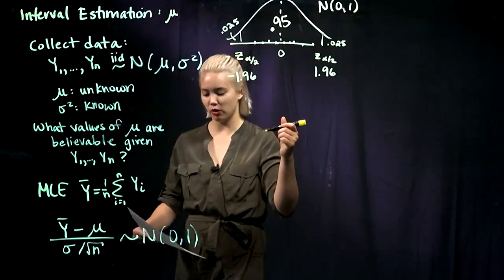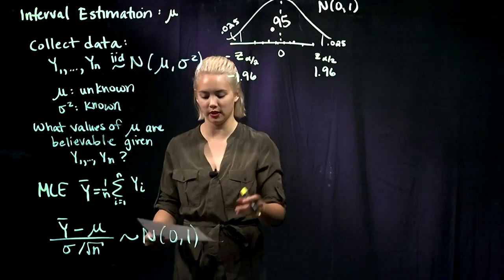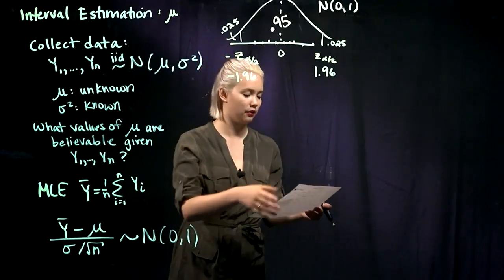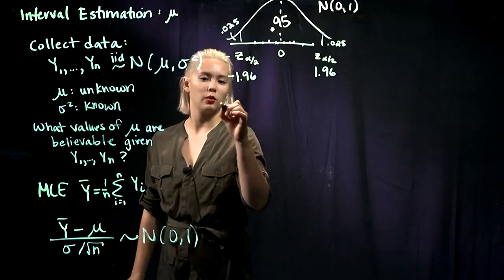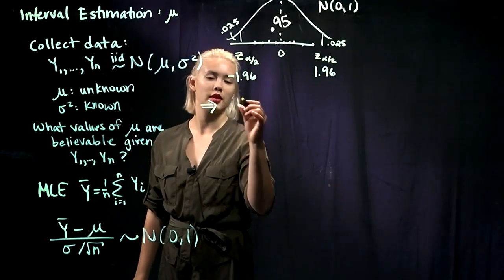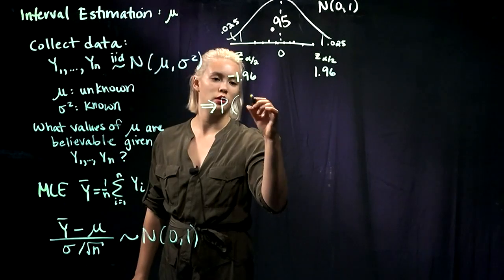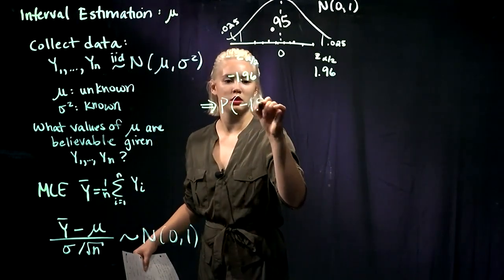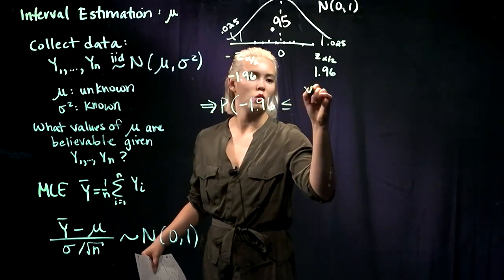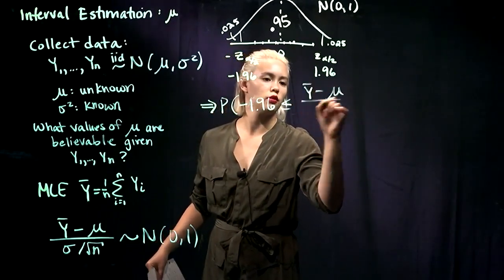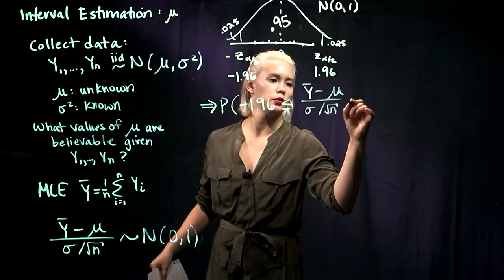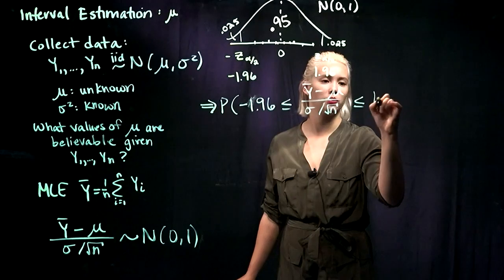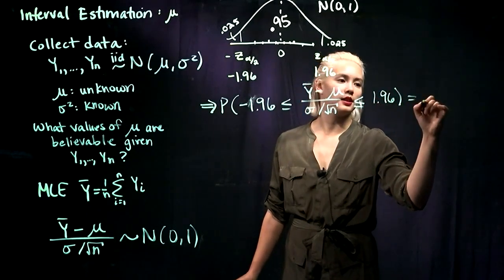Okay, so if we want to have a 95% confidence interval for mu, we look at those 95% cutoffs, negative 1.96 to positive 1.96, and so then we know that the probability that y bar minus mu over sigma over root n is between negative 1.96 and positive 1.96 is 95%.